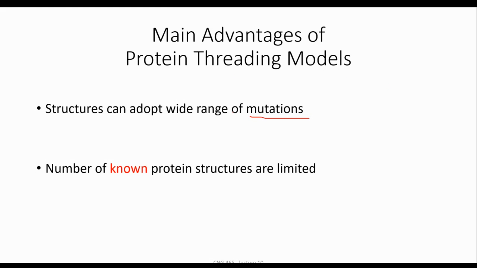And also another advantage we could mention is that the number of known protein structures is limited. As I said, in the protein database, if you look at it, you will see a limited number of proteins. So it's much easier to compare something with a limited number of structures.